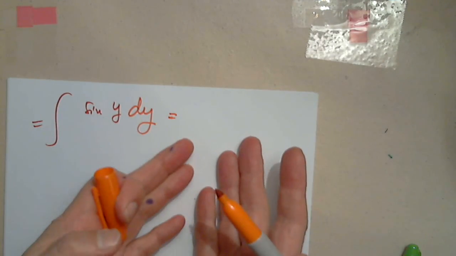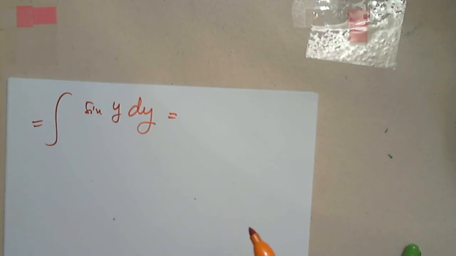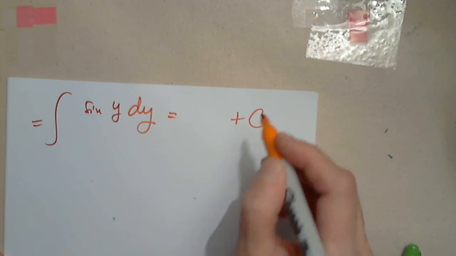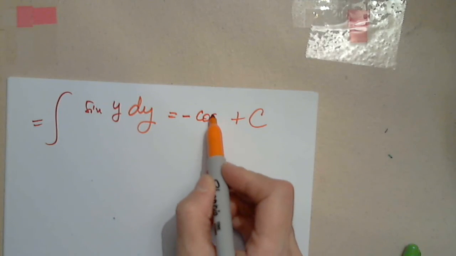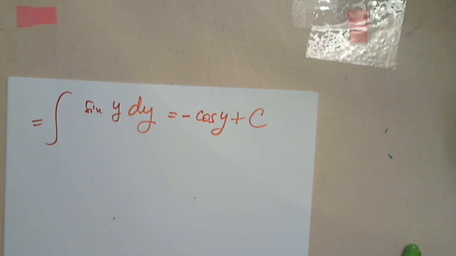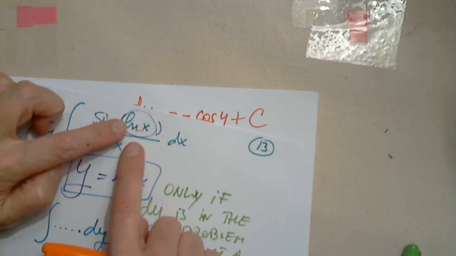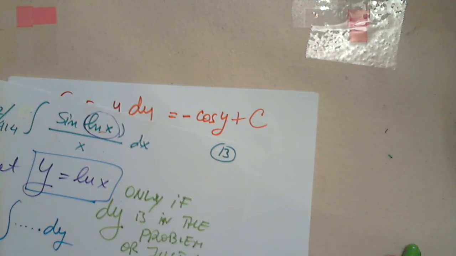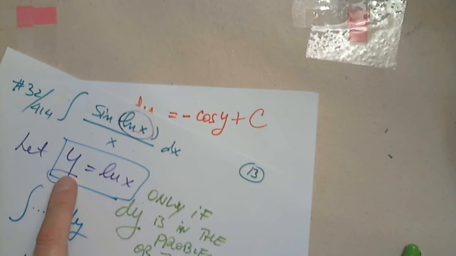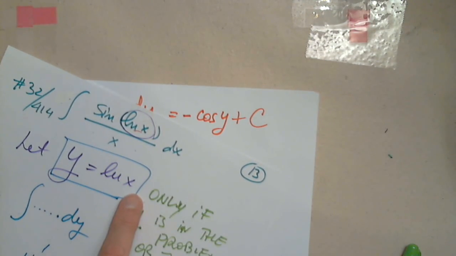And what is the antiderivative? Which function has prime sine y? Negative cosine y. However, this is an indefinite integral. It was given to us in terms of x. The answer must be in terms of x. Not a problem. All I have to do is go back and replace y by natural log x.